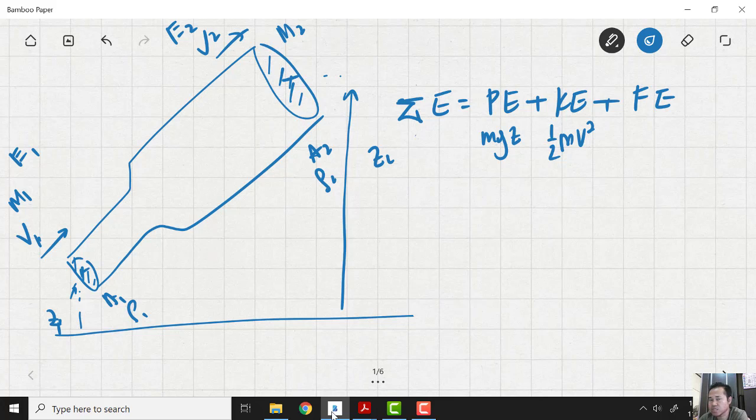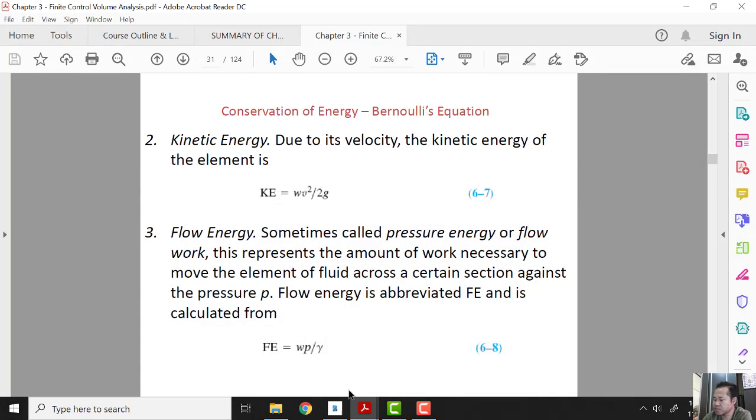The energy called flow work represents the amount of work necessary to move an element across a section against the pressure. It is calculated as WP over rho, where P is the pressure and W is the weight over gamma.